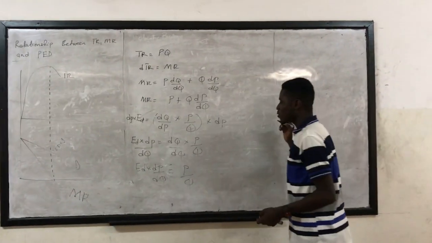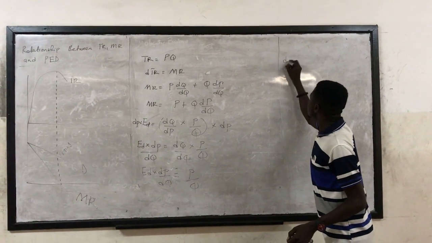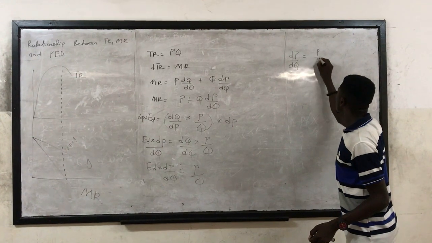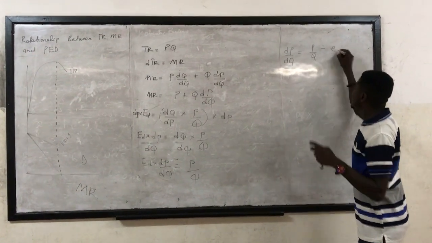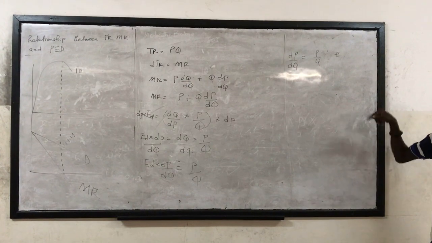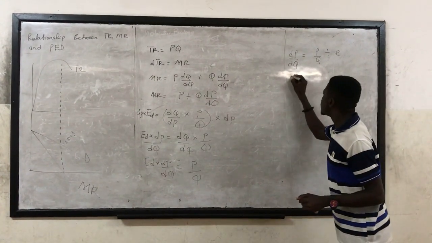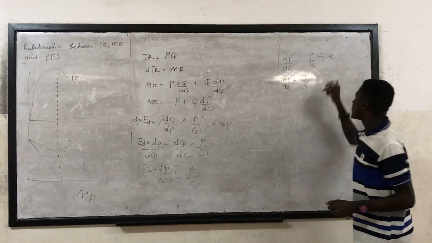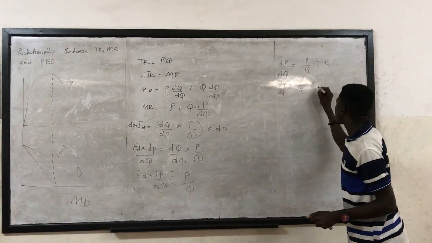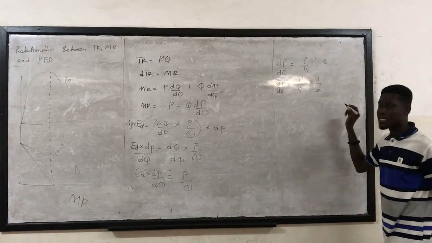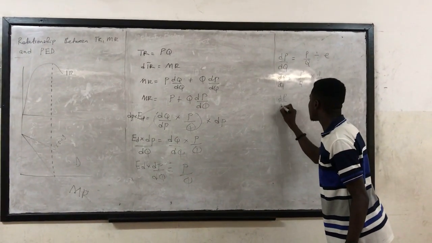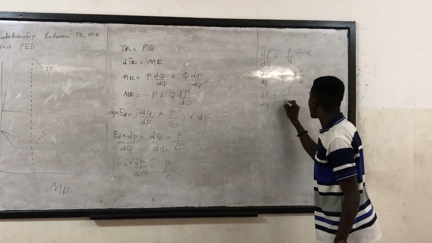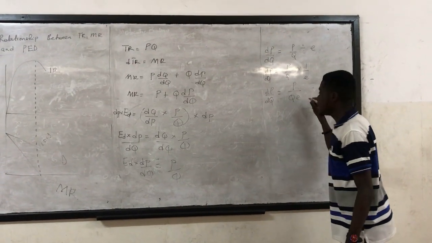So now our equation becomes dP over dQ is equal to P over Q divided by elasticity, which is now represented by a small e. By finding the reciprocal, it will be 1 times 1 over e. So dP over dQ is now equal to P over Q multiplied by 1 over e.